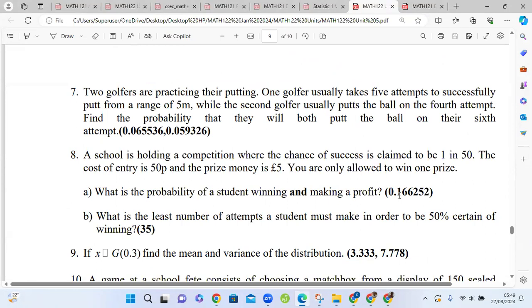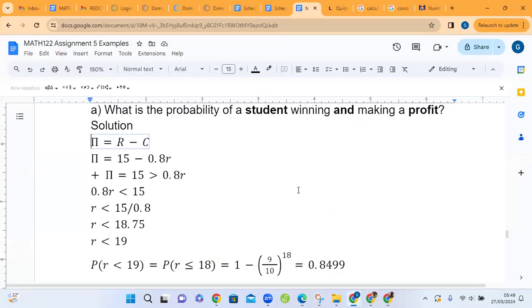And the reason why it is small compared to our answer is because the probability of success is 1 out of 50. 1 over 50 is comparatively small with regards to our 1 over 10 in this example.